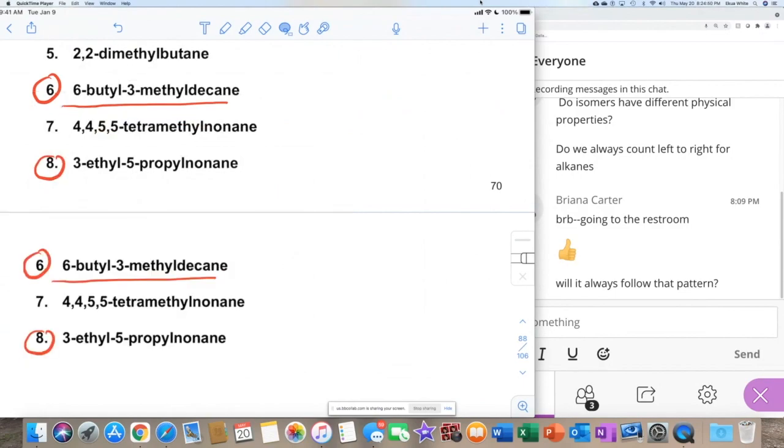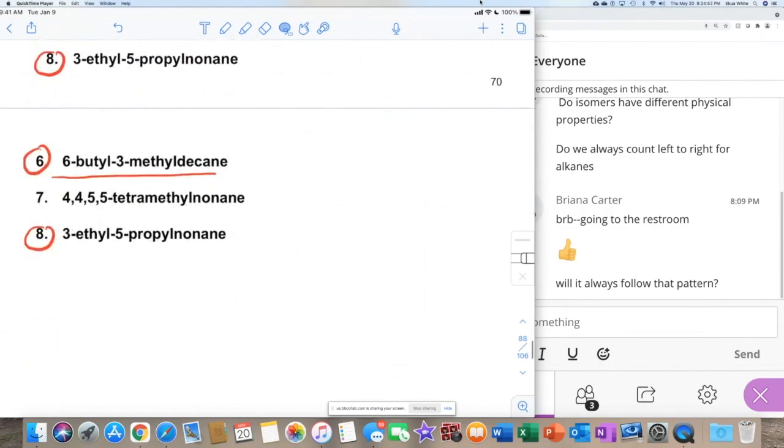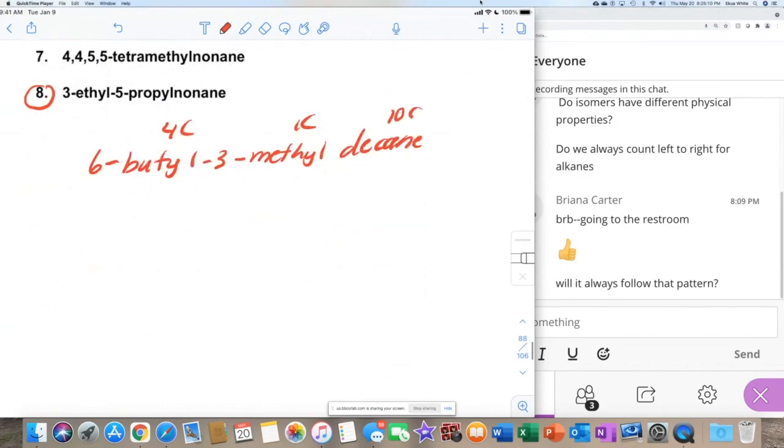Okay, put over here. So now I'm doing 6-butyl right here. So 6-butyl, this is 4 carbons, 3-methyl, this is 1 carbon. Decane is 10 carbons, right?